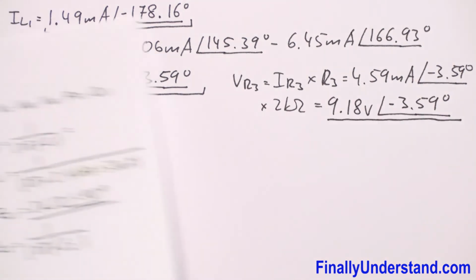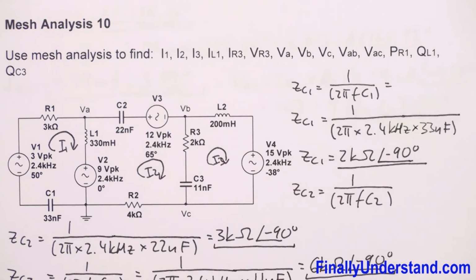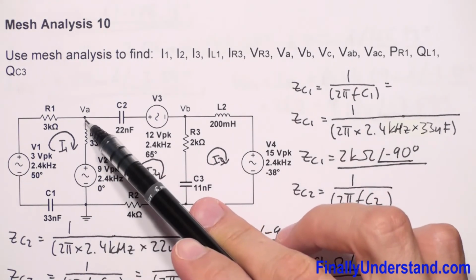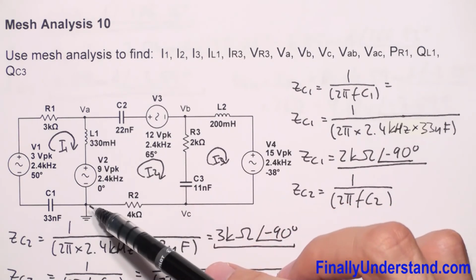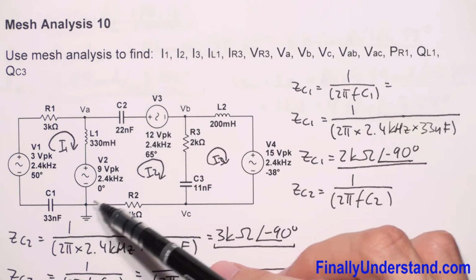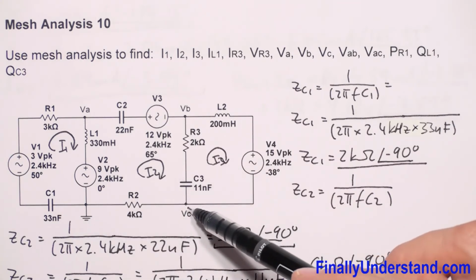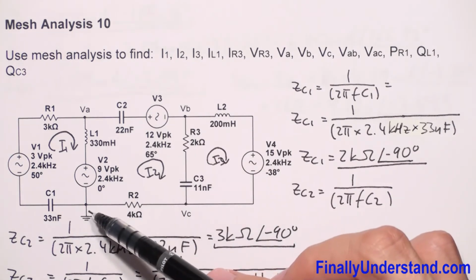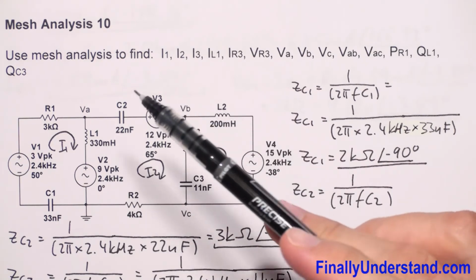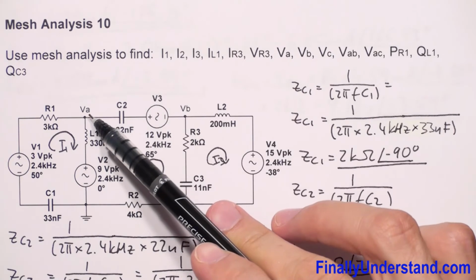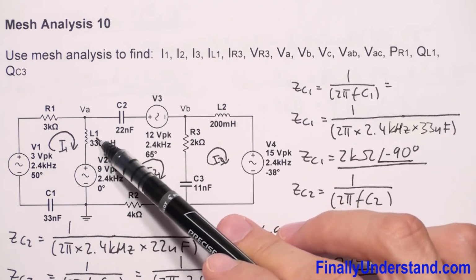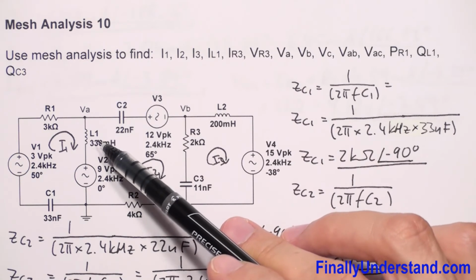Next, we're supposed to find the following voltages. We're supposed to find voltage VA, which is the voltage between this node and ground, voltage VB between this node and ground, and voltage VC between this node and ground. So in order to find VA, we first have to find the voltage across inductor L1.